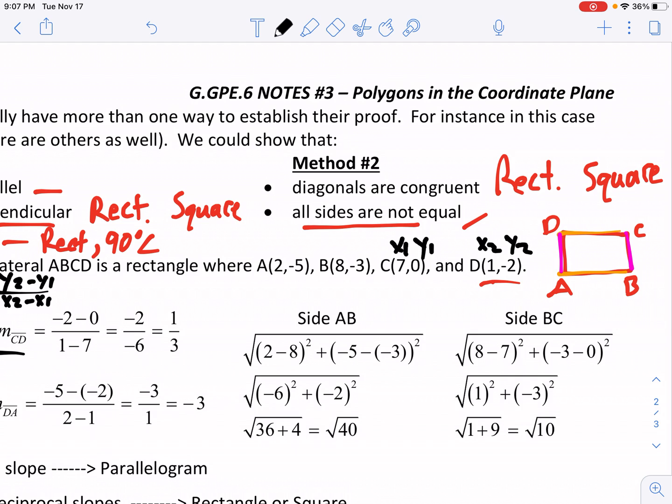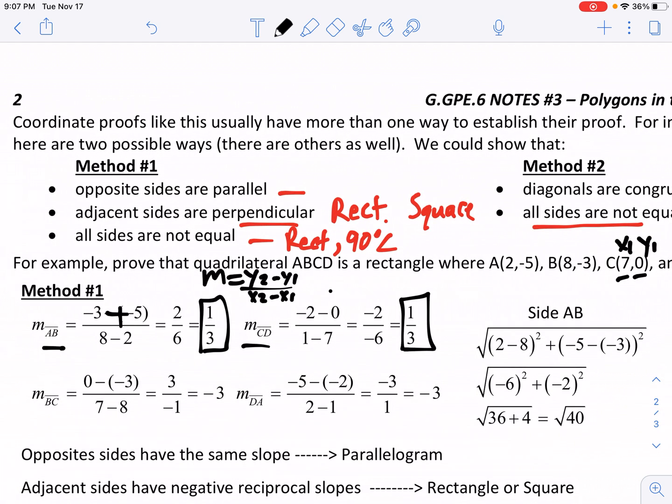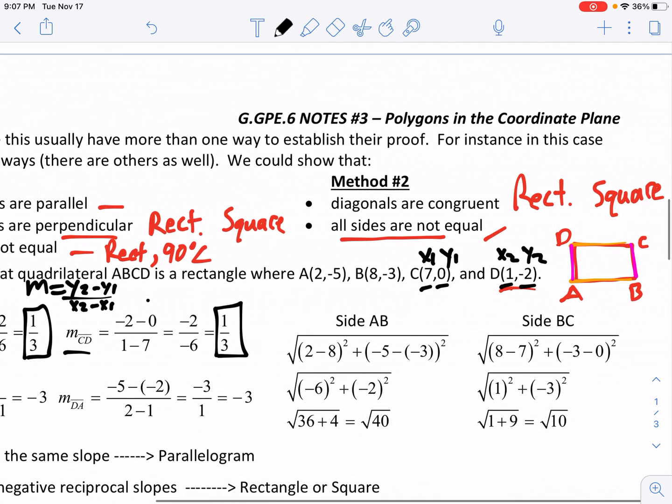So we'd have a -2 minus 0. That's what they show over here. Then 1 minus 7. Well, -2 minus 0 is -2. 1 minus 7 is -6. Two negatives make a positive, and of course we could divide out a 2 and we get 1/3. So notice, are my opposite sides parallel? Do they have the same slope? Yes. So we know that these two are parallel to each other.